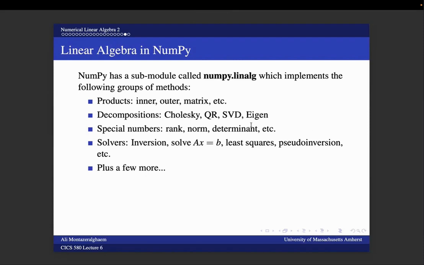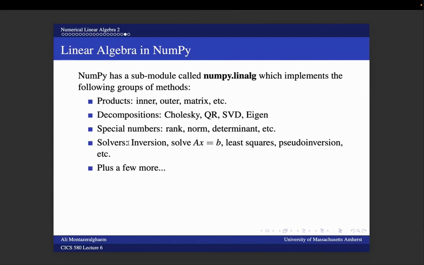There are also methods for finding the norm or rank of a matrix, and methods to find the inverse of the matrix, least squares, or pseudo inversion.